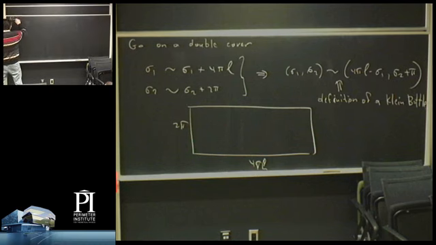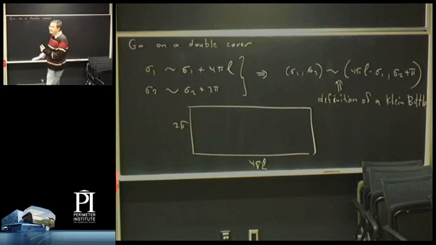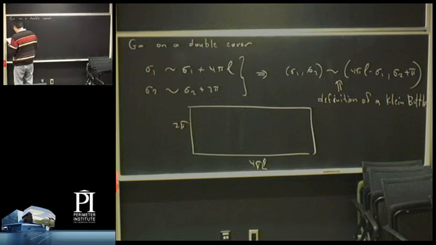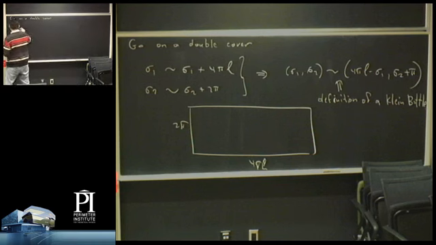We do go on a double cover, and the reason is that after we do a Z2 action, we will go back to our standard string length. On this double cover, we're going to do the following identification: sigma 1 goes to sigma 1 plus 4 pi L.